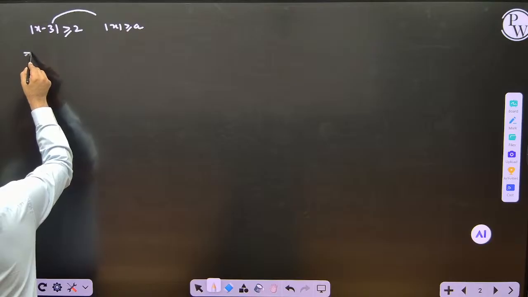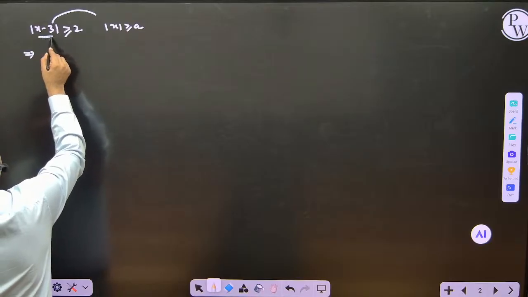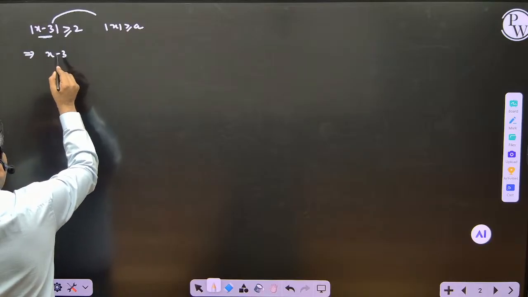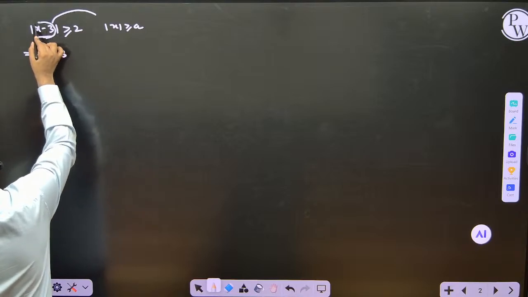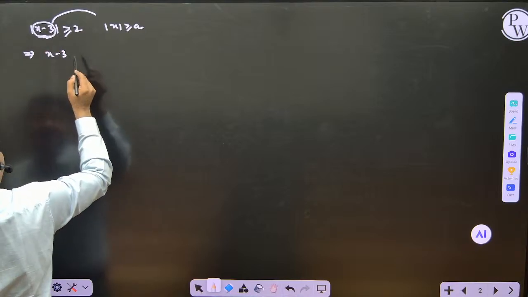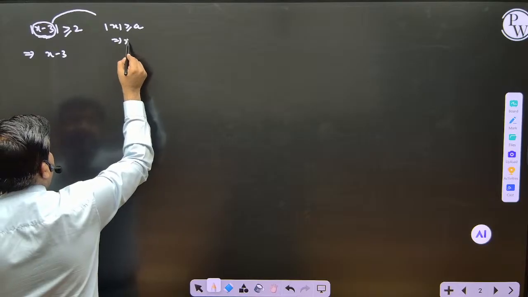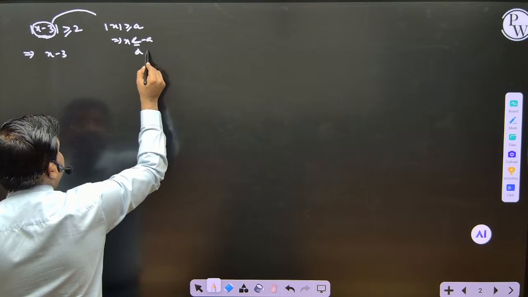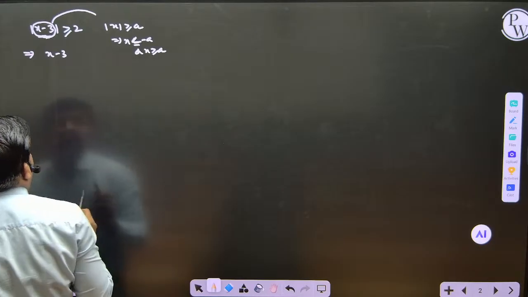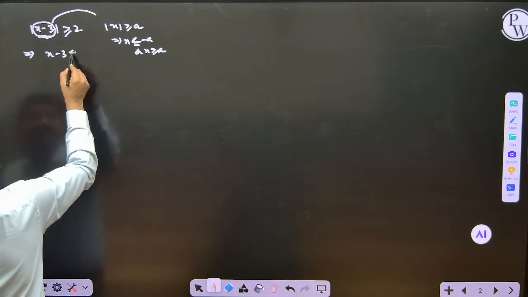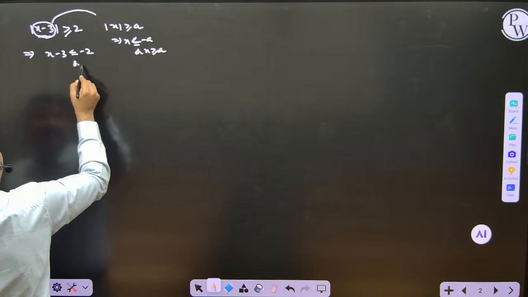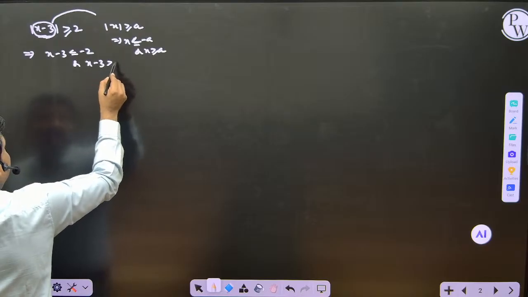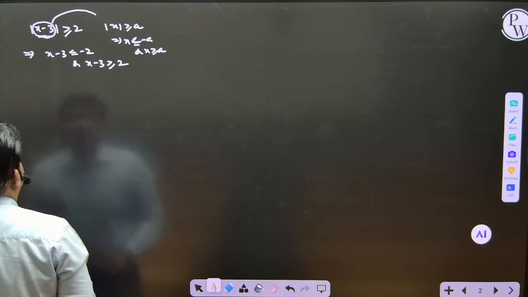So what is x here? It is x minus 3. This implies x is less than or equal to minus a, or x is greater than or equal to a. So this is less than or equal to minus 2 or greater than or equal to 2.